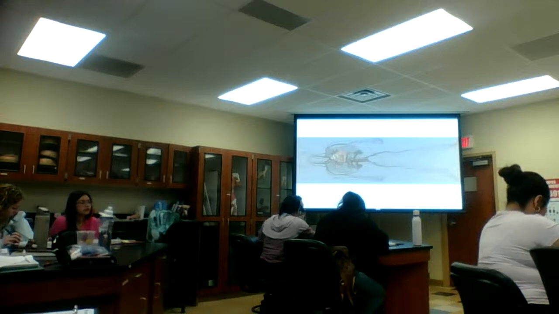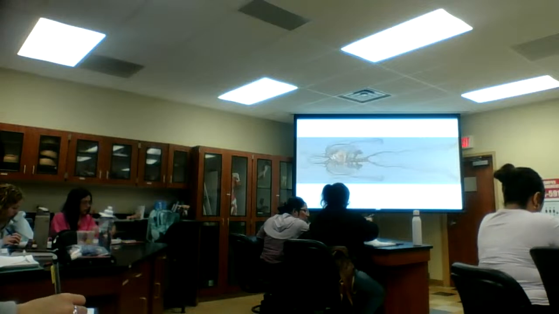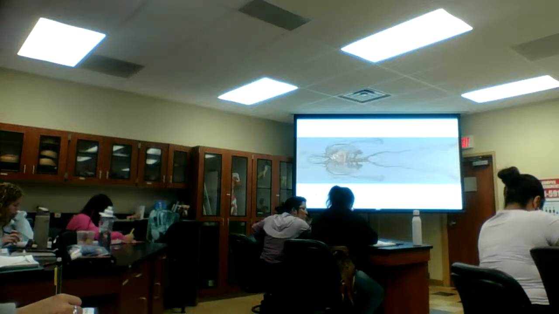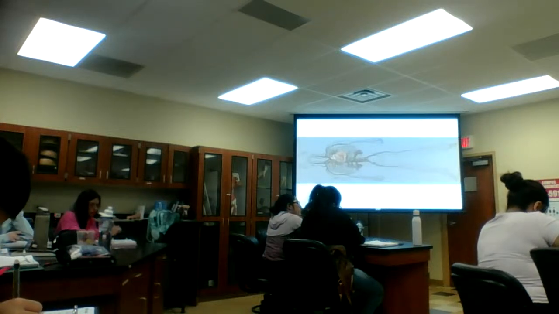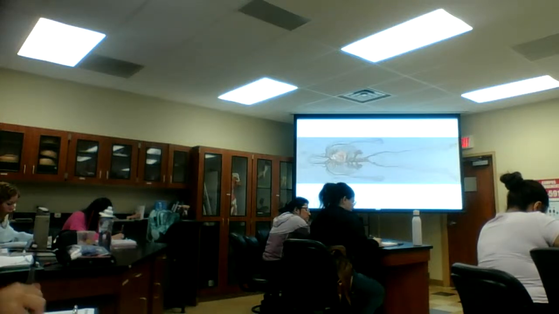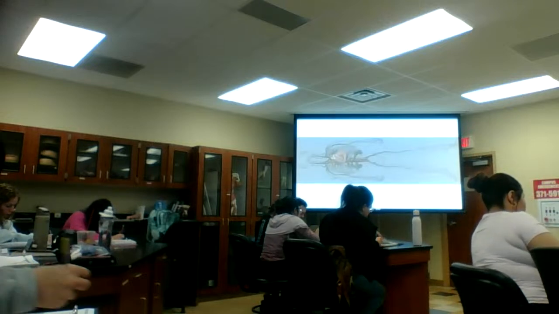So the pulmonary circuit we care about for practical 1. The systemic circuit is practical 2. Okay? So the pulmonary circuit, instead of being in this chapter, they actually have it on page 475, which is in the circulatory system chapter.